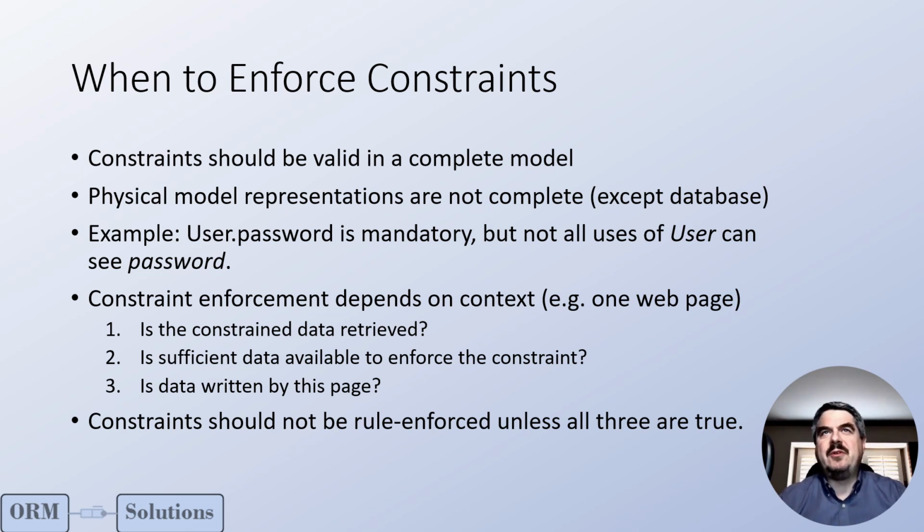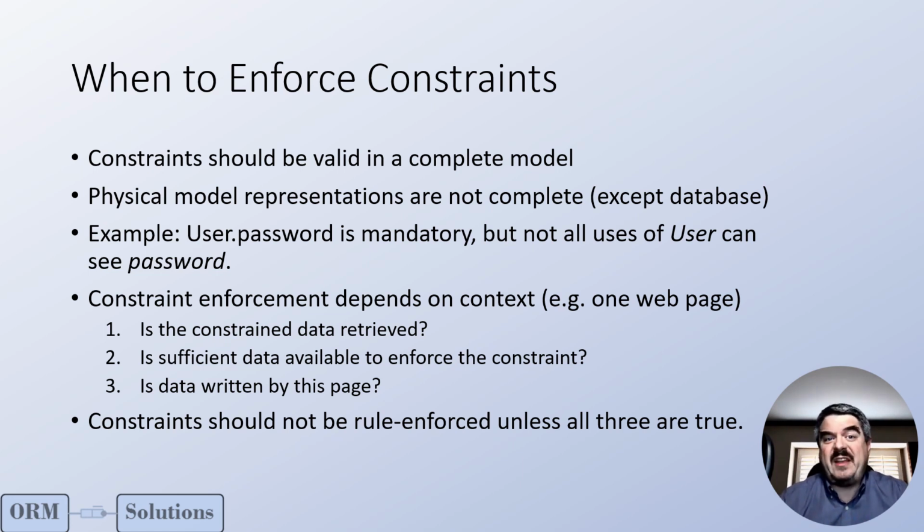So a good example of this is the user object, which usually has a required password, or if you're secure, a password salt or some sort of information that will let you validate the password. So on other parts of the application, when you're not editing the password, you really don't need to see this, right? In fact, you shouldn't see it. But the password's required, so if I put a constraint on that says, hey, enforce everything in the model, including the password required, I won't be able to get any data saved, right?